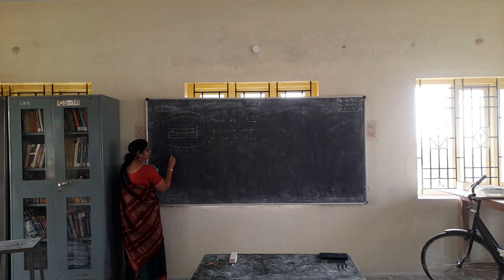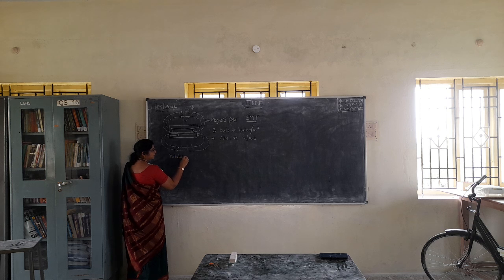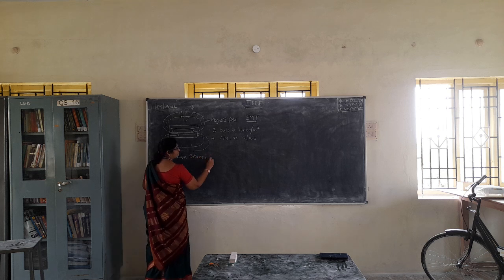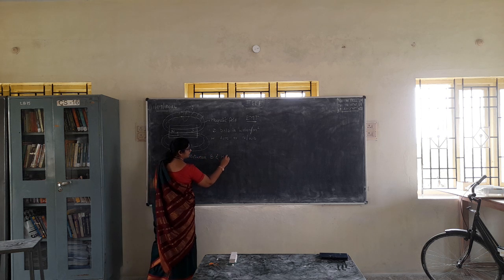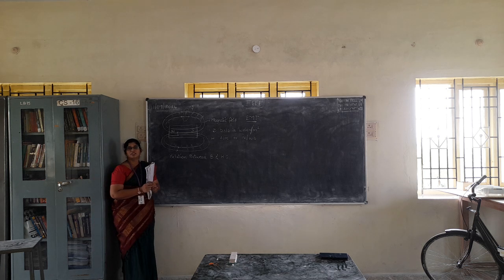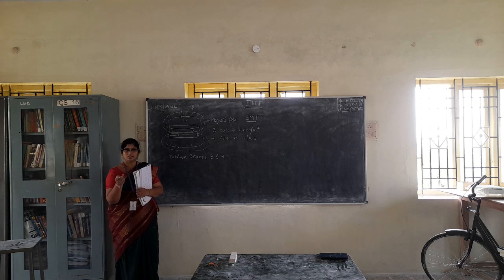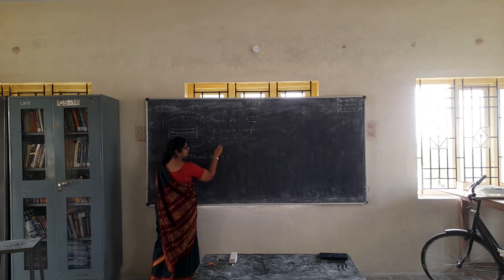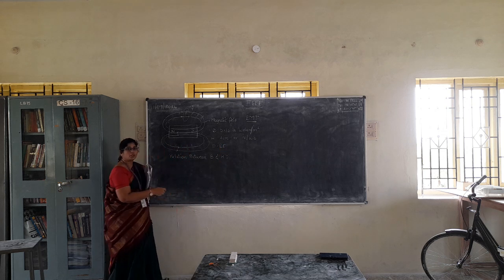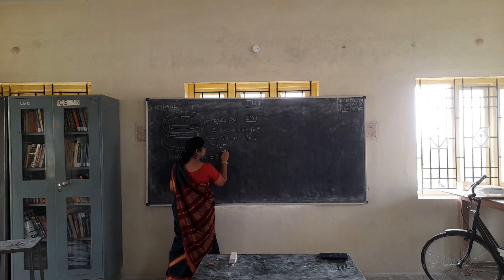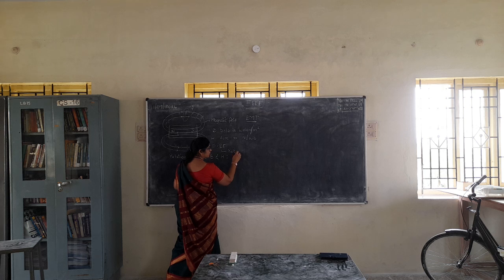Next, take as relation between B and H. Similar to electric field, in electric field the relation between D and E is D equals epsilon E. Epsilon is equal to epsilon naught epsilon R. What is epsilon naught?